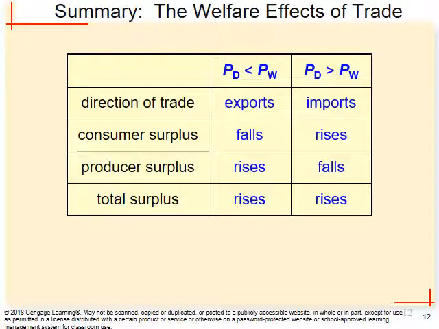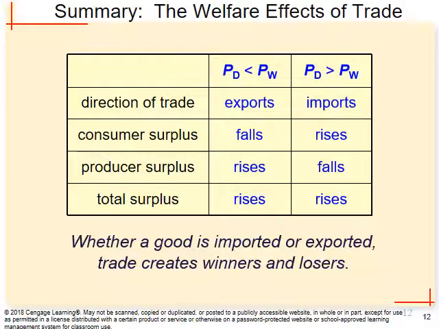On the other hand, when the domestic price is greater than world price, that country will import that specific product, as we have seen in the case of plasma TVs, and as a result the consumer will benefit, so the consumer surplus will rise and the producer surplus will fall, but the overall total surplus will again rise, as we have seen in the previous example, and the area D, which was the gain from trade.